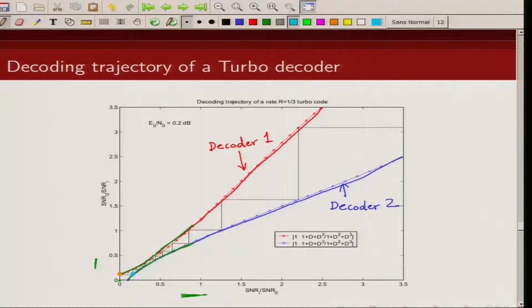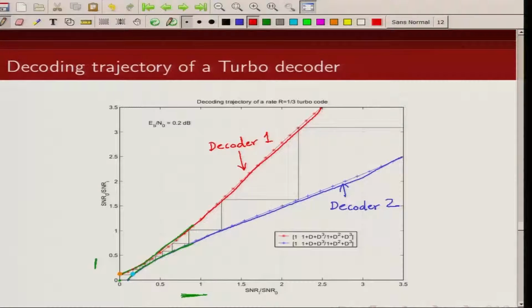Now this extrinsic information is fed as a priori information to decoder 1, so we look at decoder 1 transfer characteristics, and this is the point. You can see I am going like this. This is how the decoding trajectory of my turbo decoder proceeds.